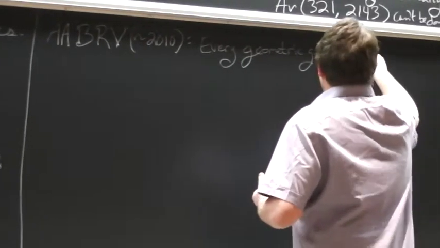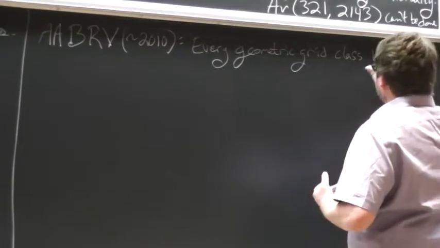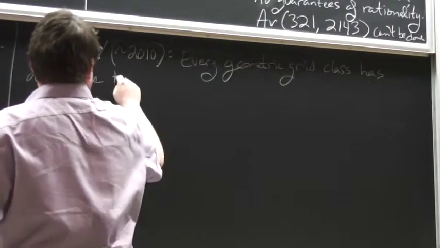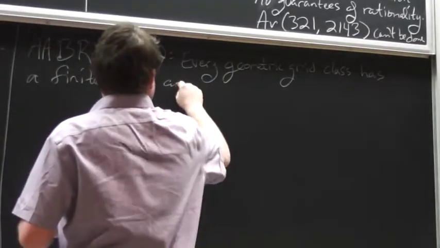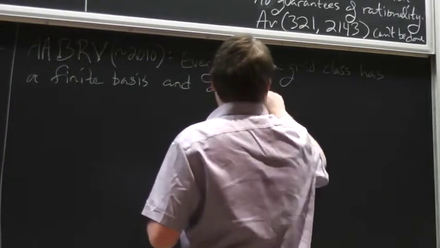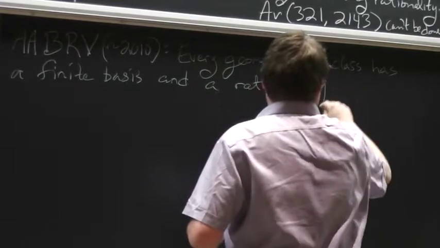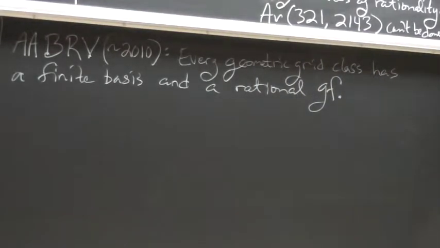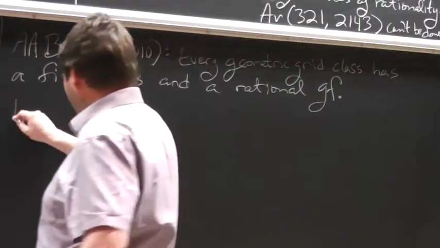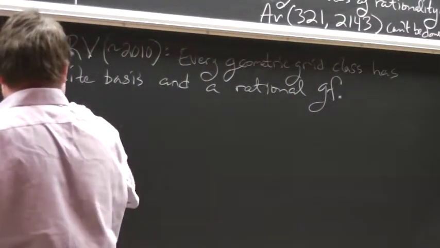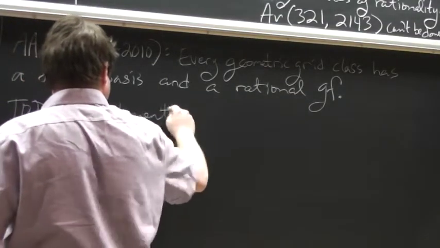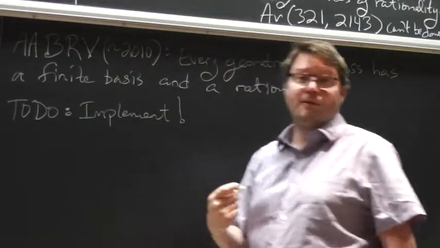And is it implemented? Not at all. So as Jerome said, this really needs to be implemented somehow. Our proof is non-constructive, so it doesn't necessarily suggest how to implement it in Maple.